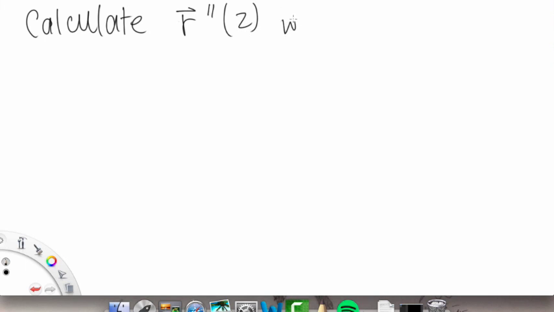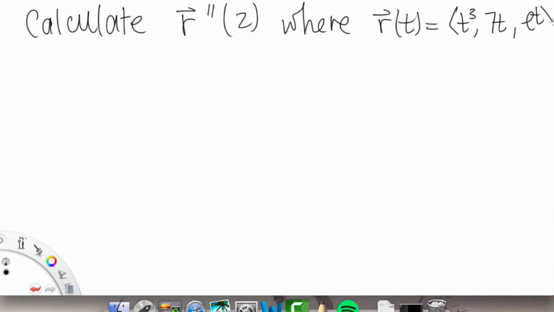Now let's do an example and some practice. Calculate r double prime of 2, where r of t is equal to t to the third, 7t, e to the t. To get there, we just have to calculate both the first and second derivatives.